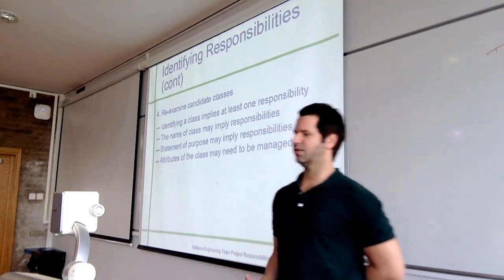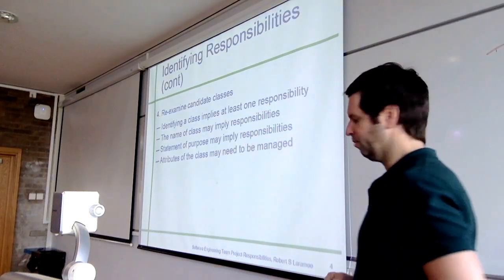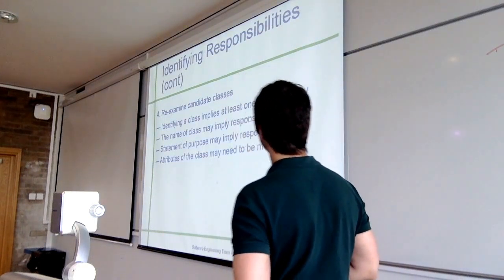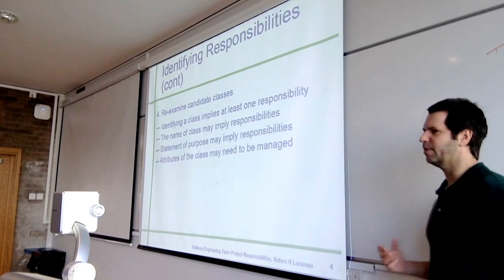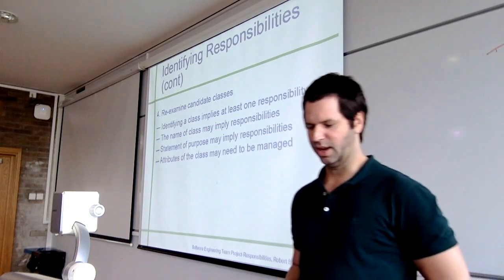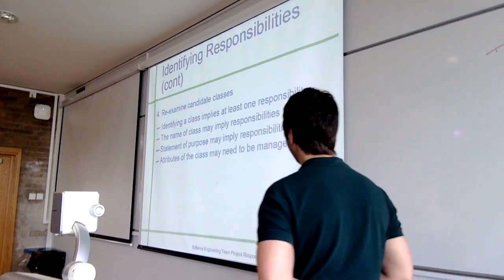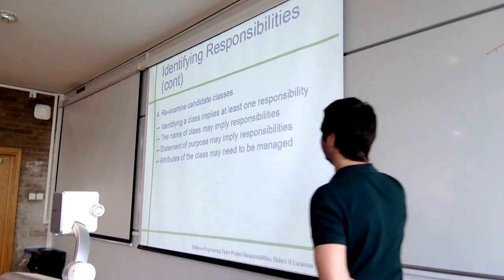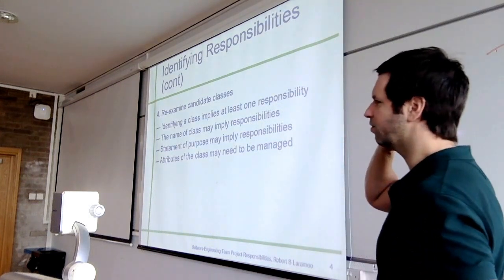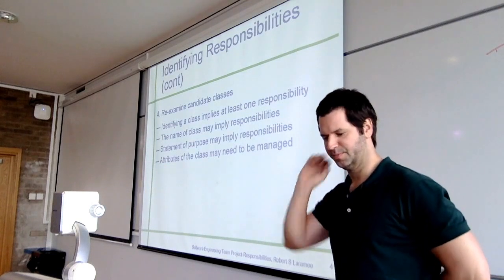The name of classes may also imply responsibilities, and the statement of purpose may imply responsibilities. So we may derive new responsibilities based on experience and the names of classes. And the attributes of the class may need to be managed, right? All those information nouns that we just talked about.